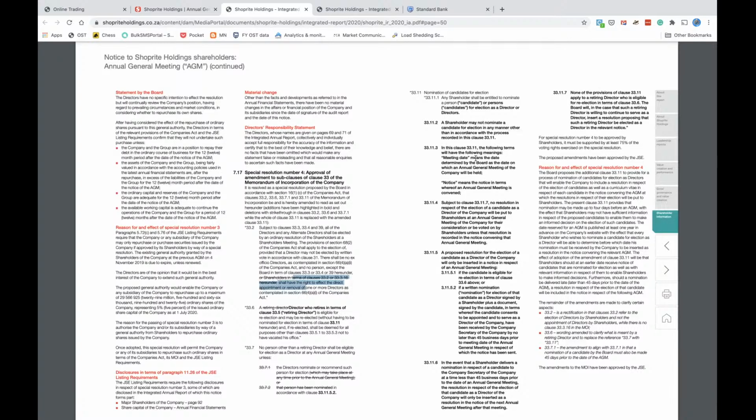Okay, so basically this is around the process. They give you here the reason for and effect. To provide a process of nomination for candidates for election will enable the company to include a resolution in respect of the election of candidates, and provides that nominations may be made up to 4 days before.